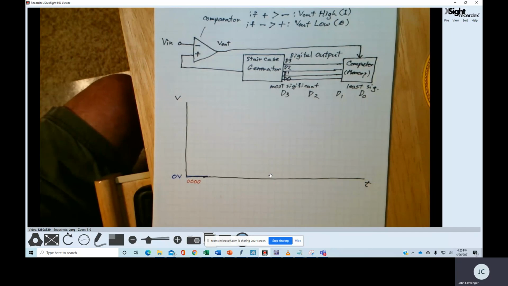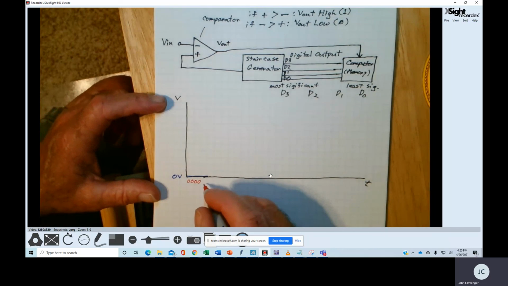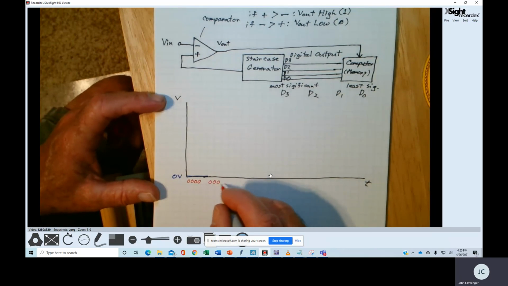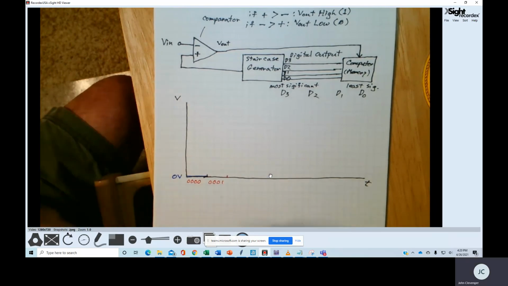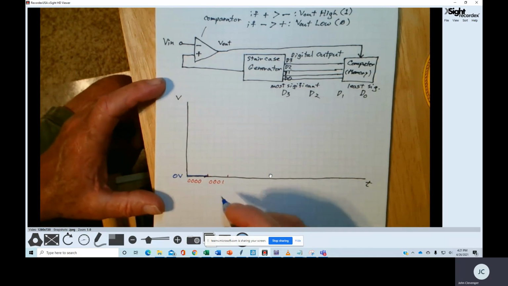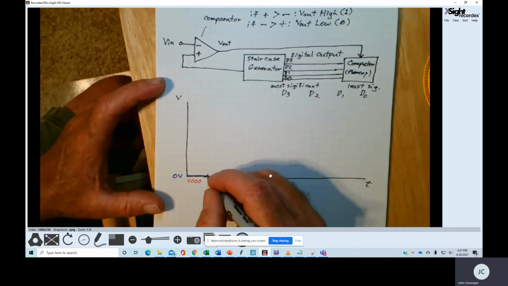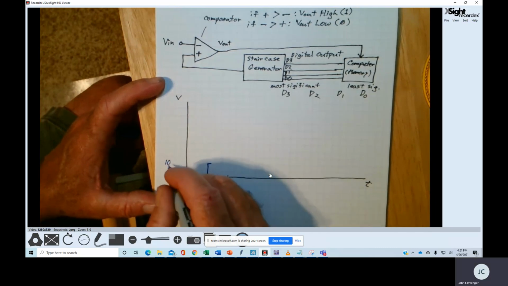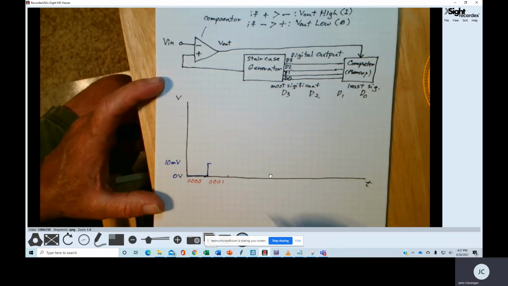Then the staircase generator will generate a voltage that is 0, 0, 0, 1. Now, let's just say, for example, that a digital value of 0, 0, 0, 1 will make a voltage that is 10 millivolts.